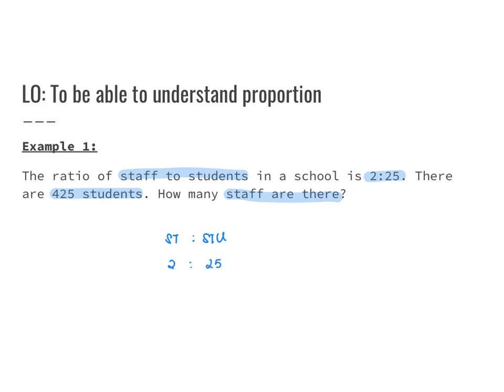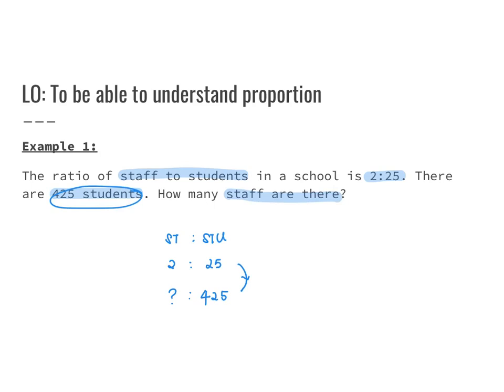Now what part is given to us? We know how many students are there, which is 425 students. Now we need to find out how many staffs are there. Now that's easy. Now let's take a look at what times 25 gives us 425.